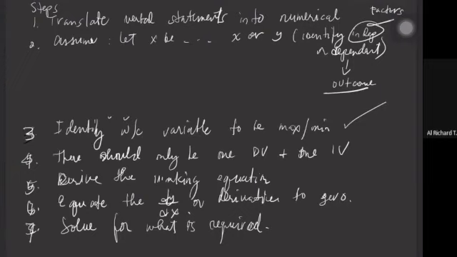So let x be the one non-negative number and let y be the other non-negative number. So you will make assumptions. And then you identify which is the dependent variable and which is the independent variable.